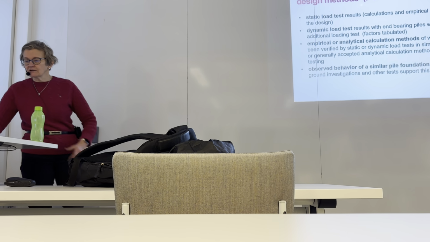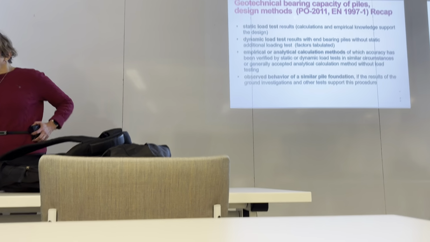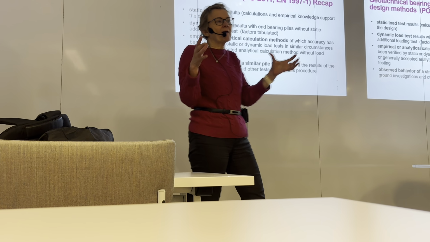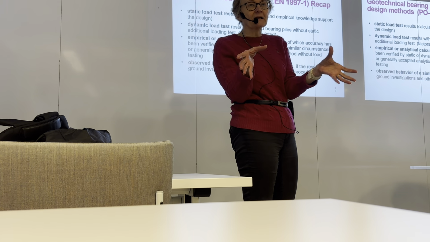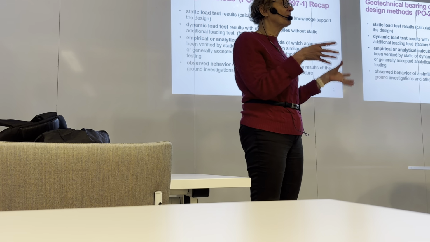Yes, okay, so I will go back to this one because I want to say that today my part will concentrate on the dynamic load part, but I can say something about this empirical part. When we have planned a building where we want to use piling, we need to define how many piles we need.